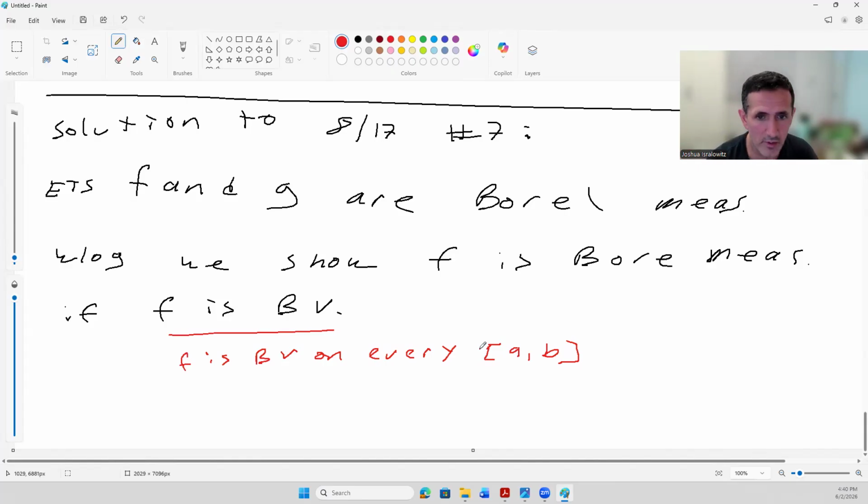All we want is F is bounded variation on every [a, b]. So for example, the function x is certainly bounded variation on every [a, b]. Every monotone function is bounded variation on every [a, b]. Every monotone function that's defined on the real line is of bounded variation on each interval.